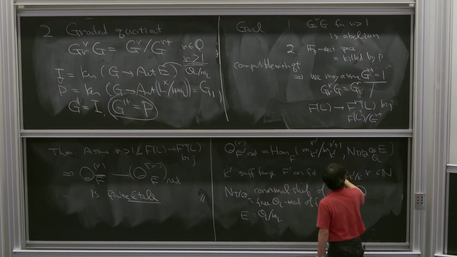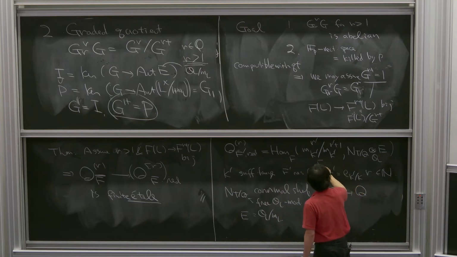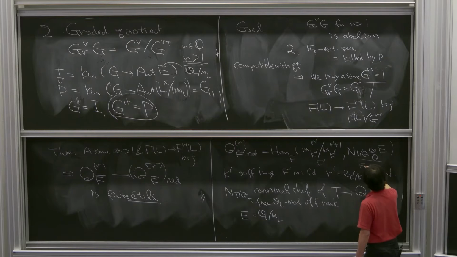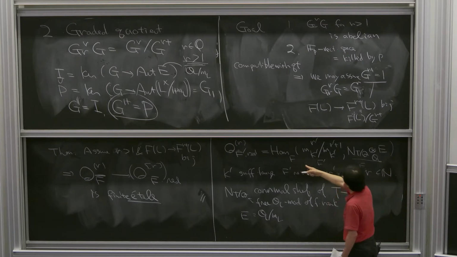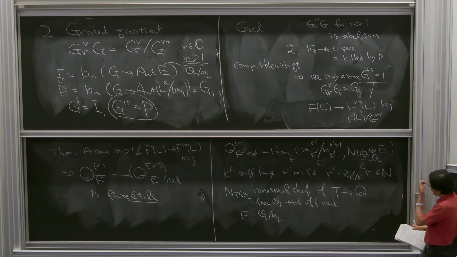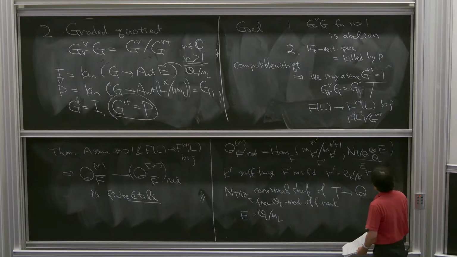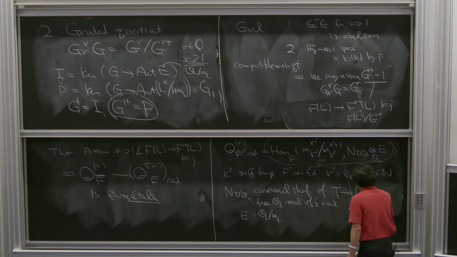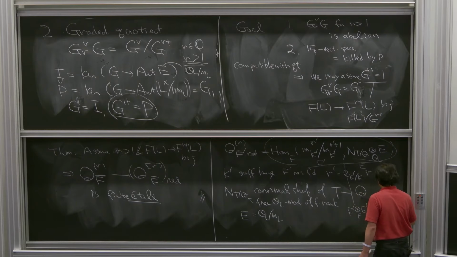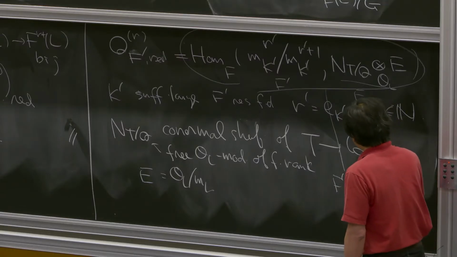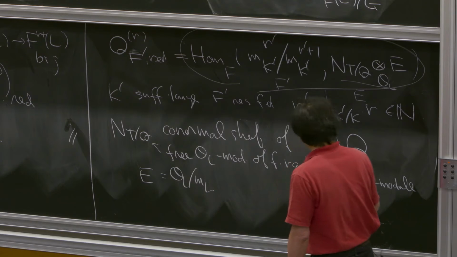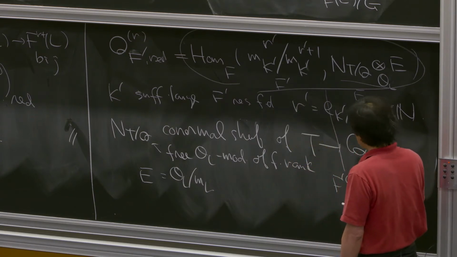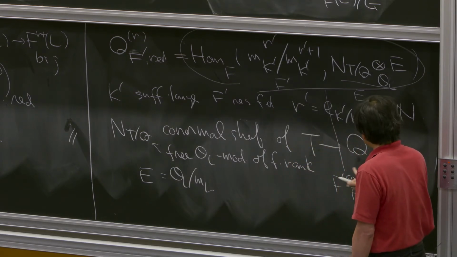So this is an F prime vector space, and this is an E vector space, and this Hom is as an F vector space. So altogether, this is an F prime tensor E module.